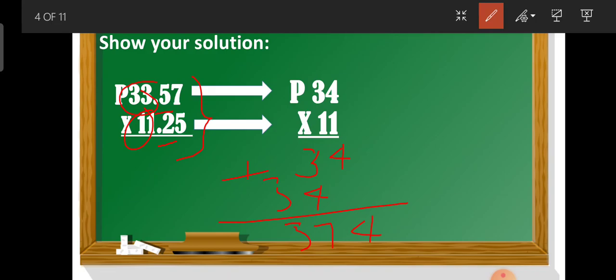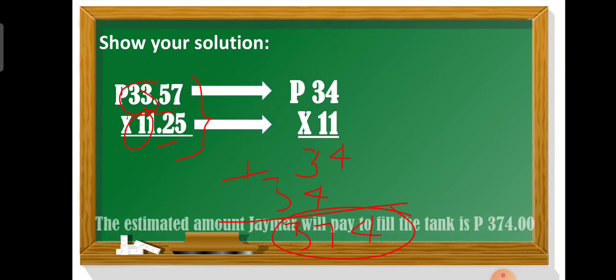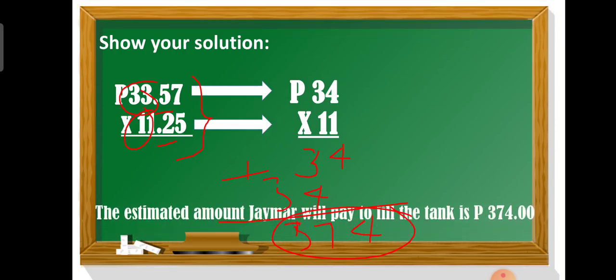The estimated product is 374. And using this estimated product as the answer to what is being asked, the estimated amount Jmar will pay to fill the tank is 374 pesos.